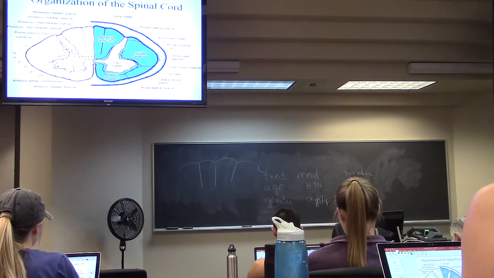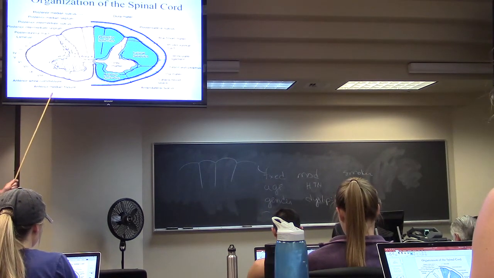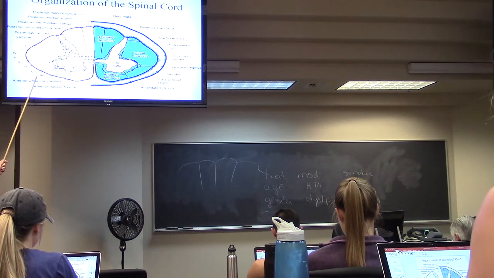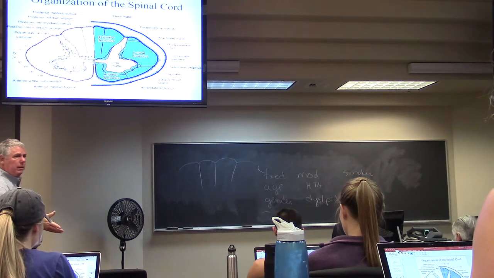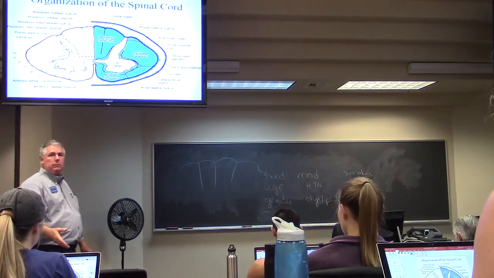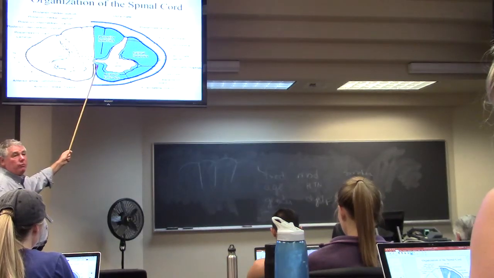Lamina 8 is more interneuron. Lamina 9 contains these clumps of neurons that are going to be the motor neurons to the periphery. And lamina 10 is over here around the central canal.